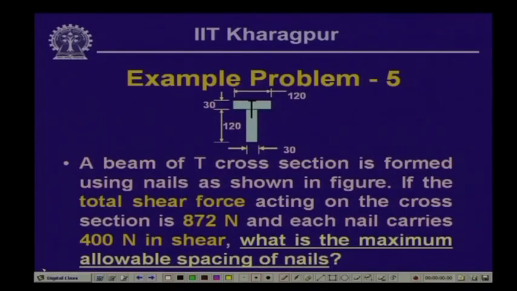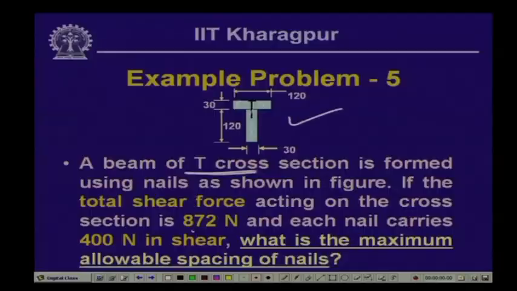Well, this is another problem, where the cross section of the beam is just like a T. Here two rectangular components are there, one rectangle is the top one, another one is the bottom one, and these two rectangular sections are interconnected along the length by using nails, and these nails are spaced at a particular spacing. That spacing we will have to find out.